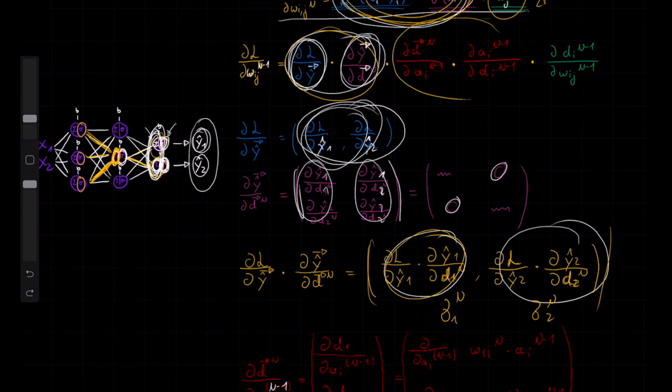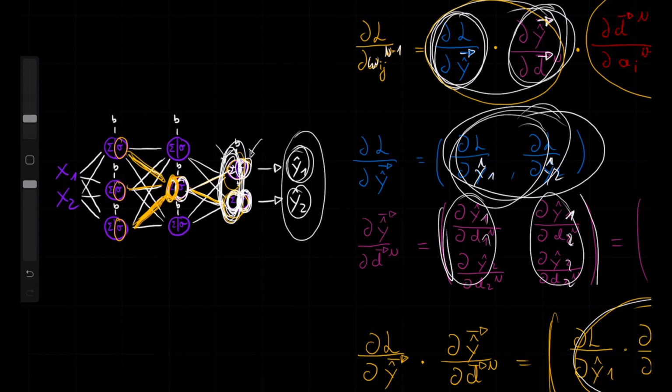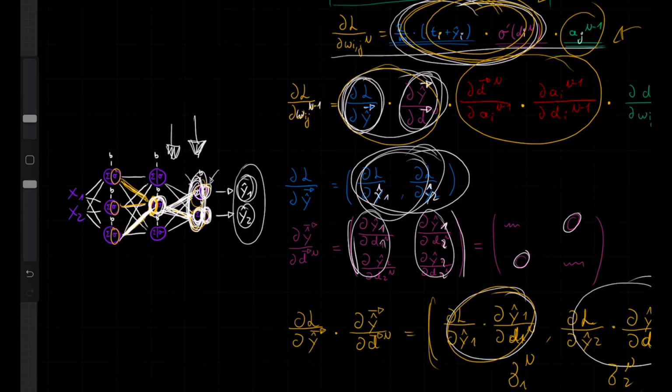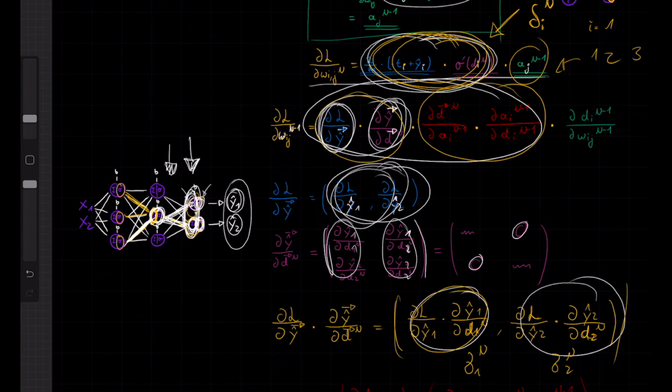And what we're doing here is then we multiplied with the weights that connect to the neuron that we are considering. So we are in the n-1th layer. So if we consider this weight here, then we consider this neuron. And then we will multiply with these 2 weights here. So error signals of this layer here are multiplied with these 2 weights here. And that gives us then this big part here.